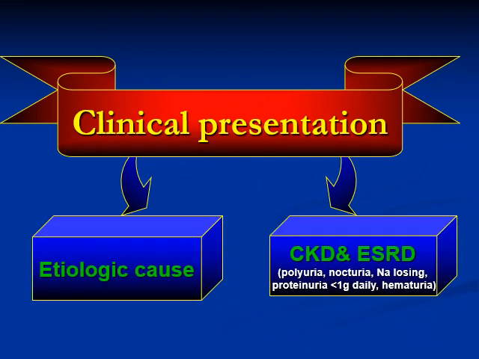Early in chronic interstitial nephritis, the clinical presentation is that of the etiologic cause. But as the disease progresses, the patient develops the different stages of the chronic kidney disease, and finally he develops an end-stage renal disease.